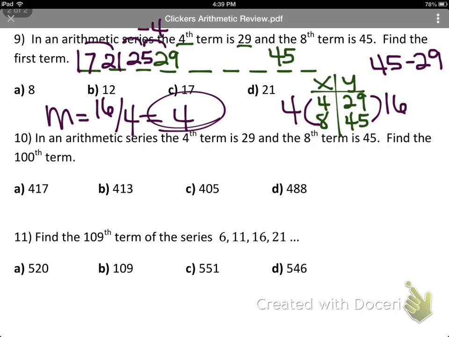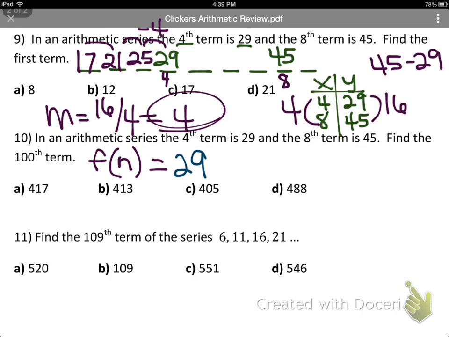There is another way to do it. If we wanted to use f of n, we know that the eighth term here is 45, and we know the fourth term is 29. So I can use those numbers, and I can either use 29 or 45.